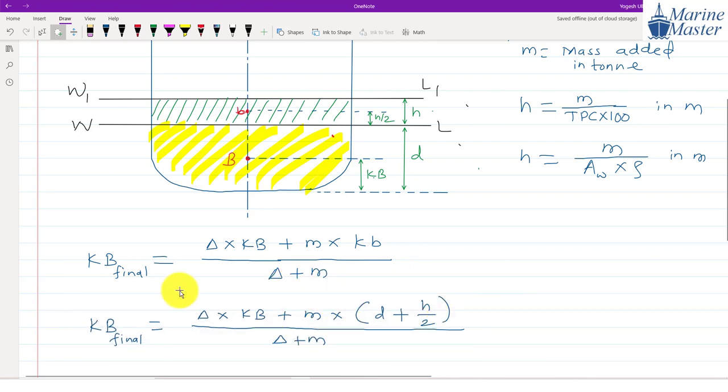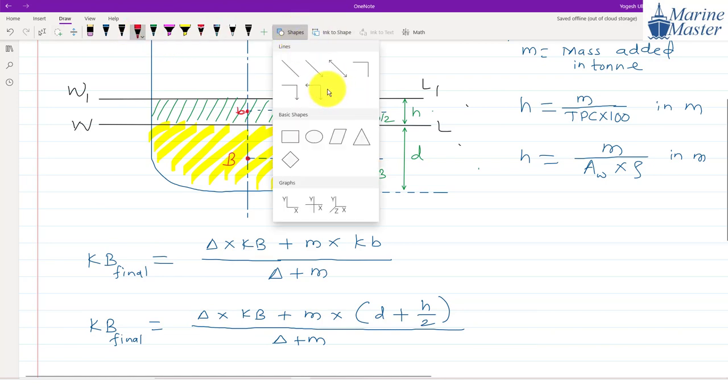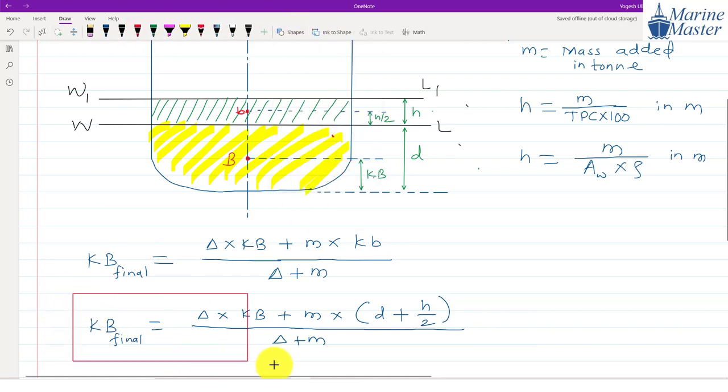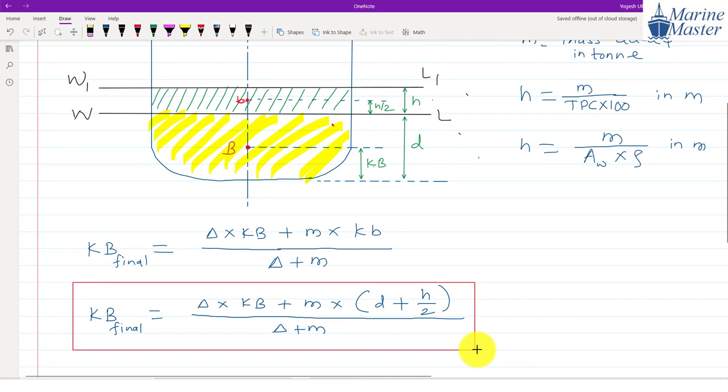So in this way we got what, guys? See, you can understand this relation, means how you got this relation, and from this relation, this is the final important relation we got. And what will be the unit of KB final? Unit of KB final will be in meter, guys.